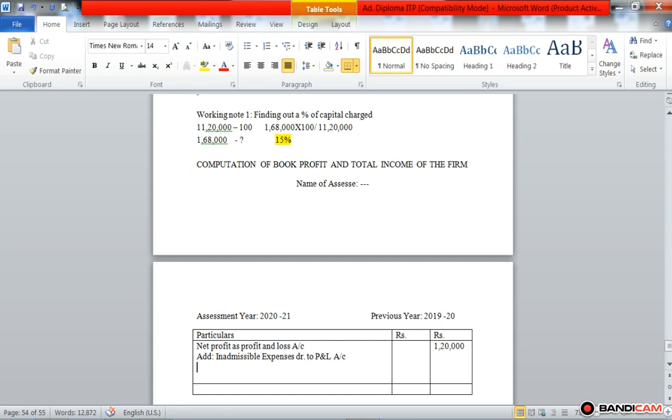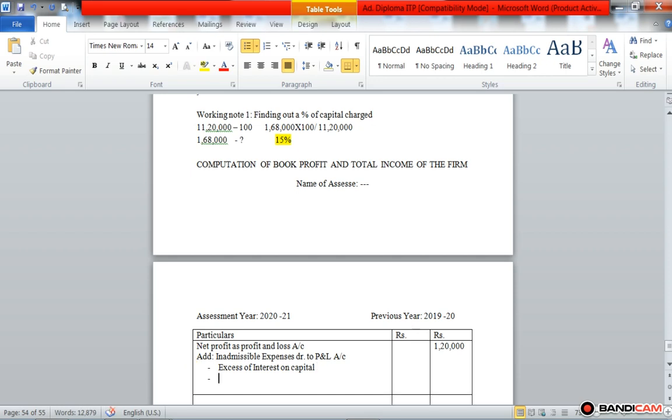Okay, 15% to each partner, but according to the Income Tax Act 1961, the allowable interest on capital for a partnership firm is exempted up to 12%. So here, the first point is excess of interest on capital.